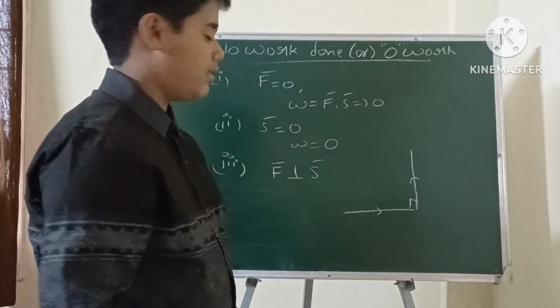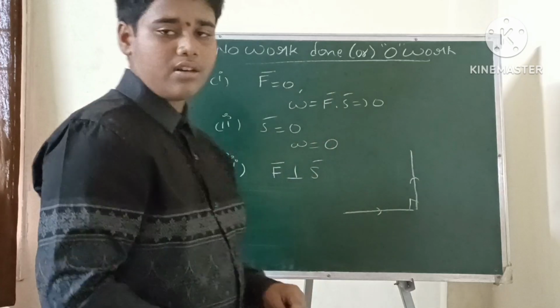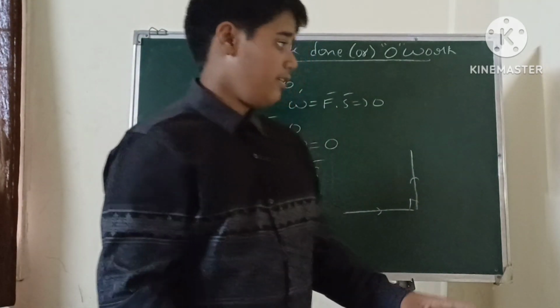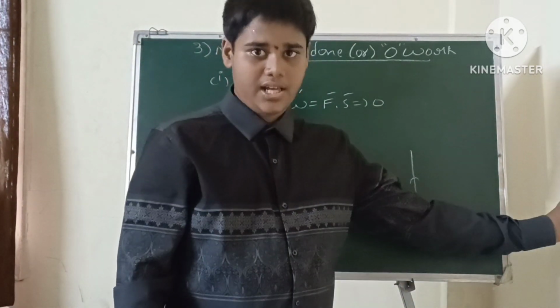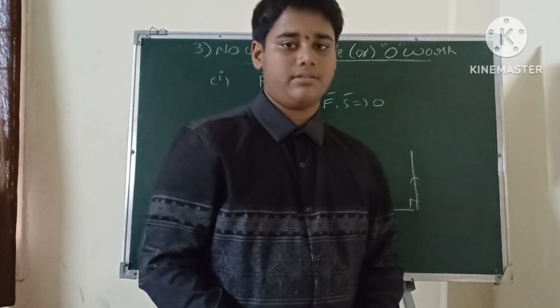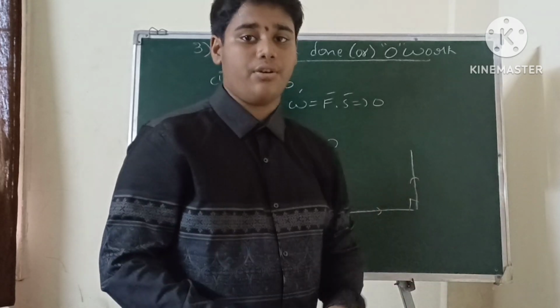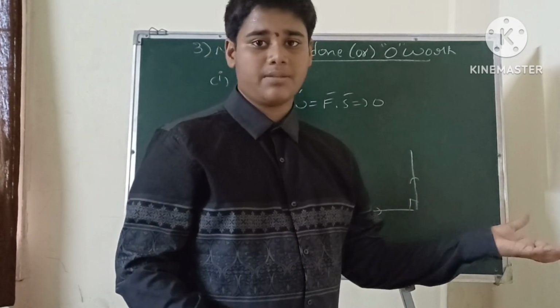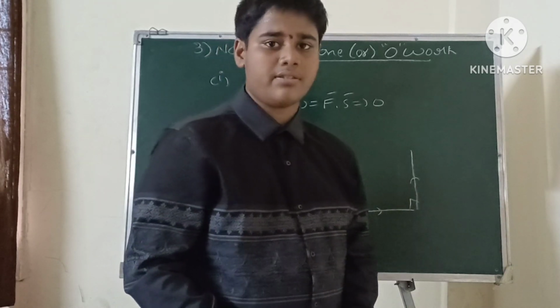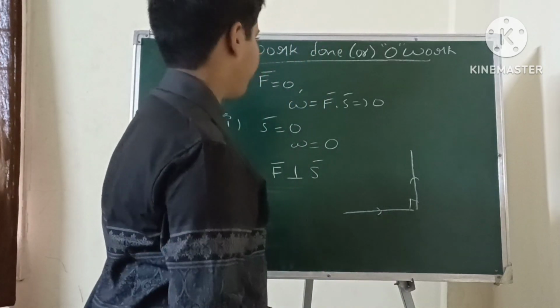So these are the three cases for no work or zero work. For example, if I push a wall, force is applied but there is no displacement on the wall, so force into 0 is 0. Zero work is done.